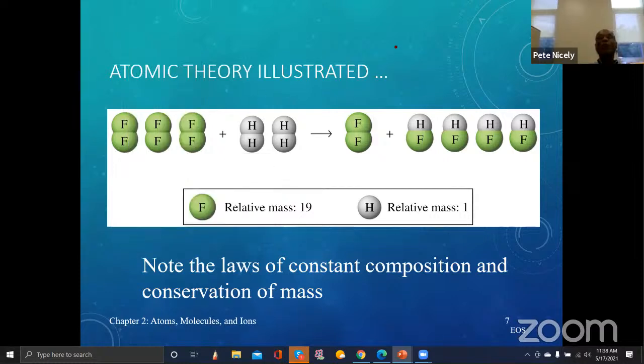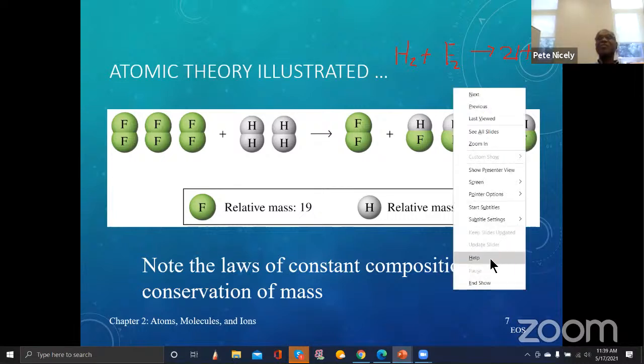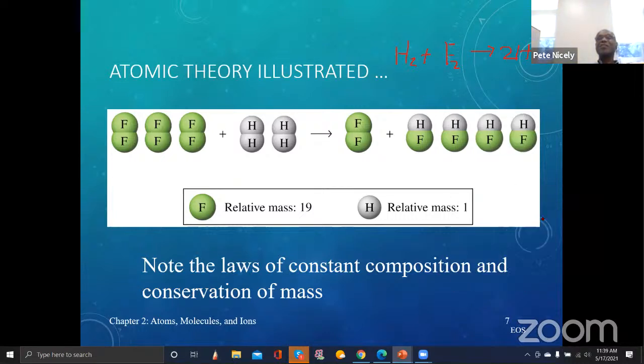Okay, so the equation we're talking about here is hydrogen plus fluorine to give 2HF. That's the equation for the reaction, right? So basically, and again, this is something you should know from your previous chemistry course.